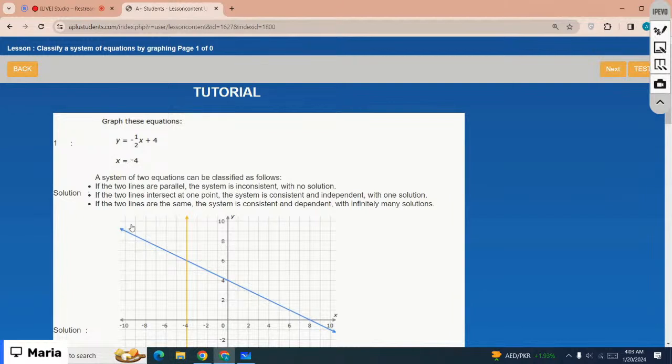A system of equations can be classified as follows. If the two lines are parallel, parallel lines never intersect each other, that means the system is inconsistent with no solution. If two lines intersect at one point, the system is consistent and independent with only one solution. If the two lines are the same, the system is consistent and dependent with infinitely many solutions.